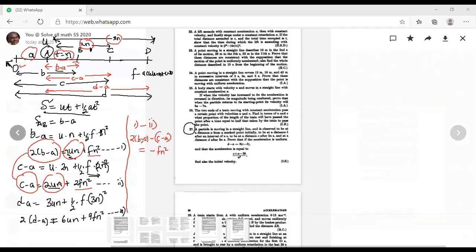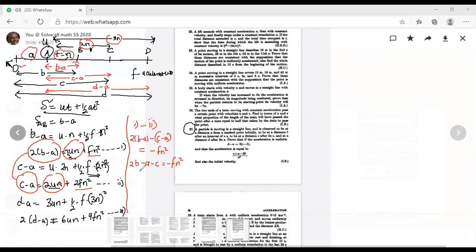Now let's go back to my equations. This is the 2b, all right? So I'll get 2b minus 2a, but here there is a minus and a minus inside. So the a becomes a plus. So I'll get minus a, minus c is equal to negative fn squared.